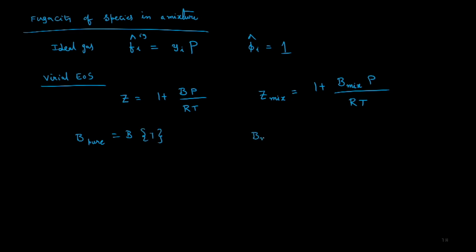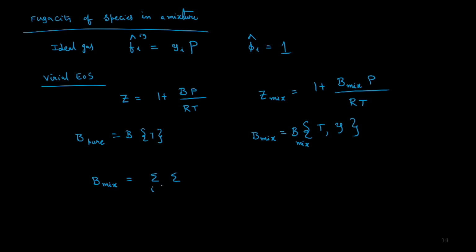In case of a mixture, obviously, it will be a function of temperature as well as the mole fraction, because it's gas, let's call it as y. So it will be a function of both the temperature and mole fraction. One can actually derive an expression for B mixture from statistical mechanics, and it turns out that B for the mixture is given by this expression here.